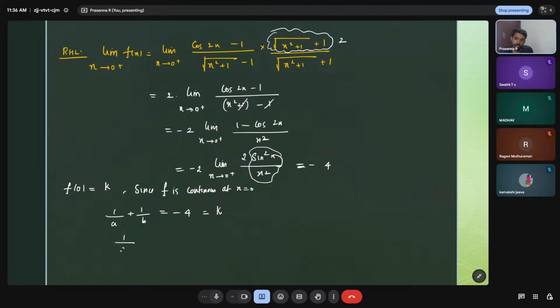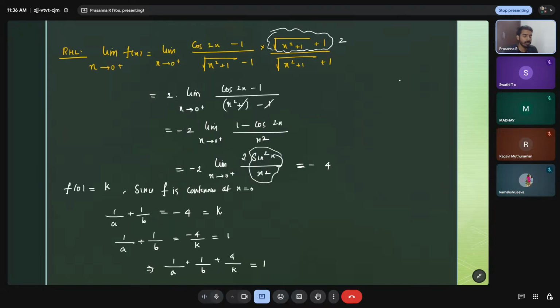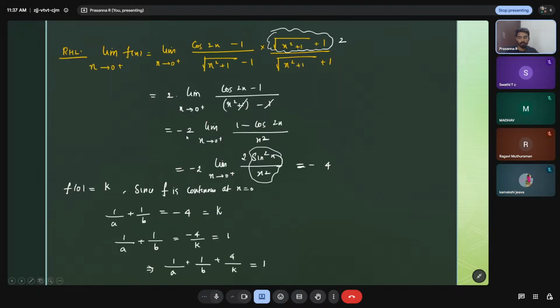So 1 by a plus 1 by b is equal to minus 4 by k is equal to 1. So you bring this term here. So 1 by a plus 1 by b plus 4 by k is equal to 1. That is what we are going to find, right? So it will be 1. We'll move on to the fifth problem.